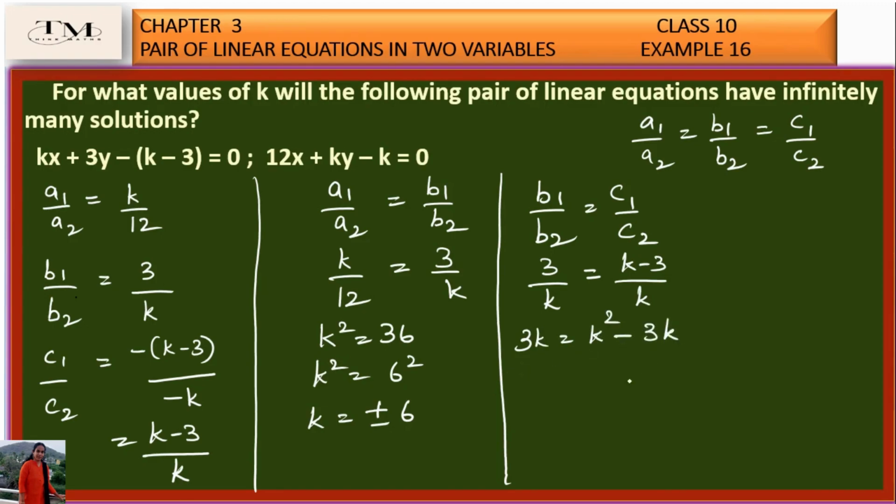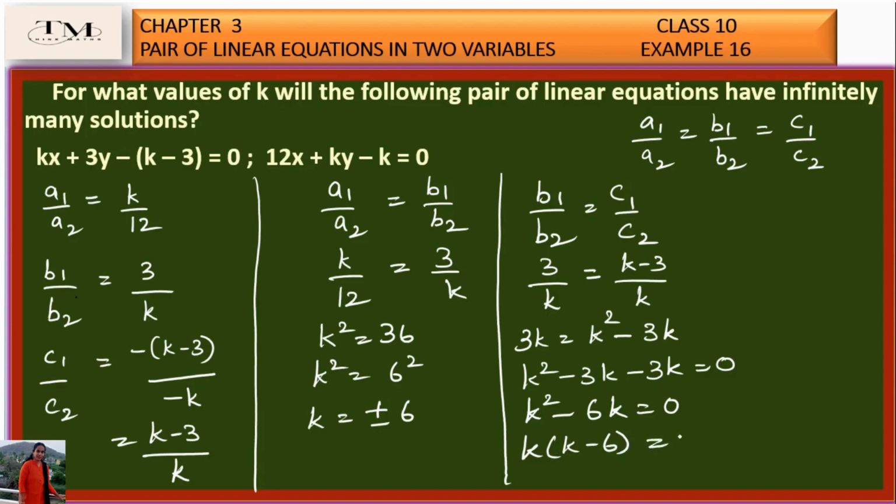Taking everything to one side, I am keeping K square minus 3K as such and taking this 3K to the RHS, so plus 3K will become minus 3K, equal to 0. K square minus 3K minus 3K will be minus 6K. Taking K outside, it is K into K minus 6 equal to 0. So this implies K is equal to 0 and K is equal to 6.